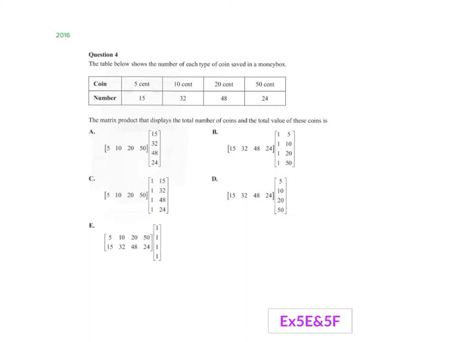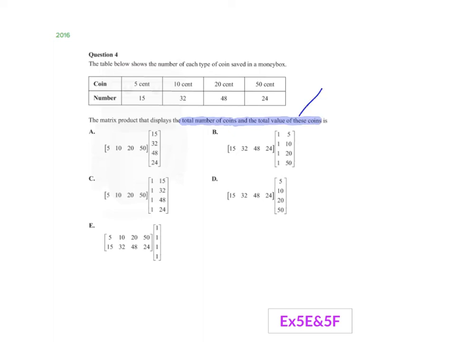So question 4, the table below shows the number of each type of coins saved in a money box. So here you've got 15 5-cent pieces, you've got 32 10-cent pieces, and so on. The matrix product that displays the total number of coins and the total value of these coins.